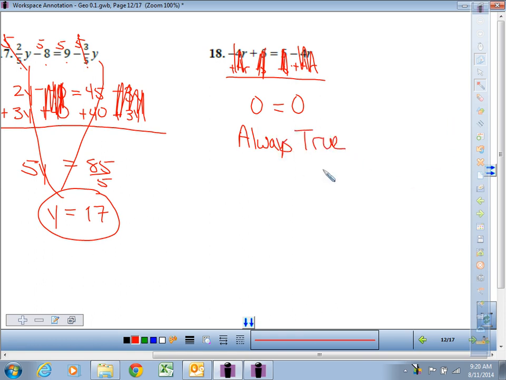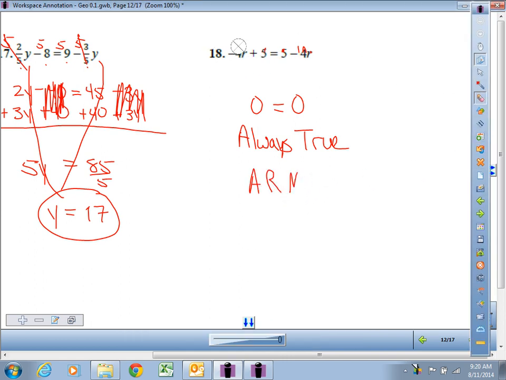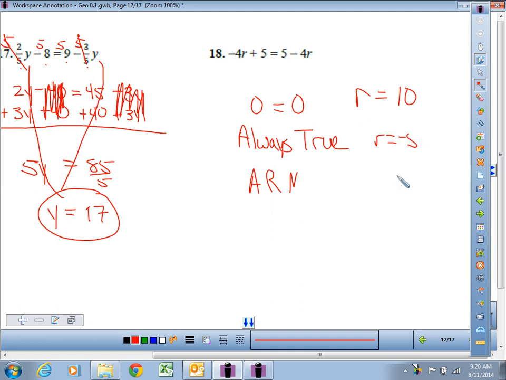Or we could just say all real numbers. What that means is that no matter what value of r, I could take r as 10, I could take r as -5, I could take r as 1,000, whatever I wanted, and if I substituted those r values in there, I would get the same thing on both sides.